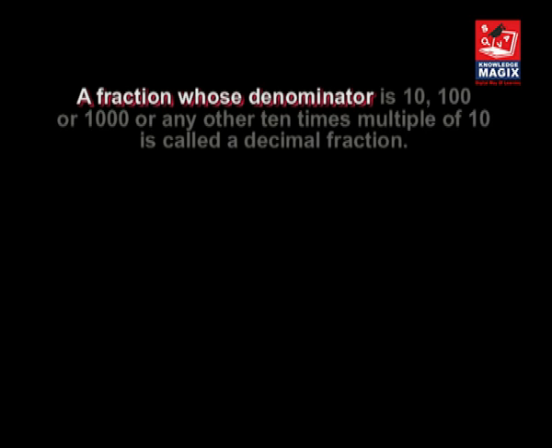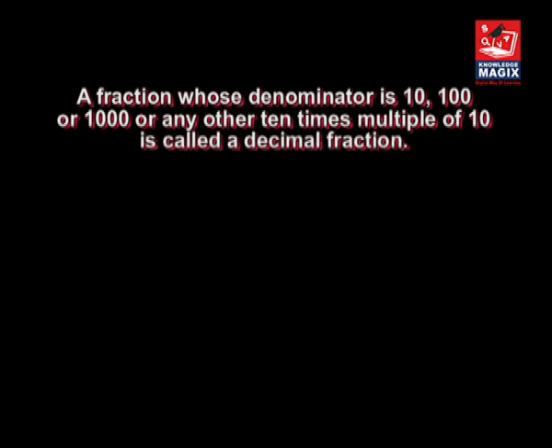A fraction whose denominator is 10, 100 or 1000 or any other 10 times multiple of 10 is called a decimal fraction. For example, 6 upon 10, 77 upon 100.